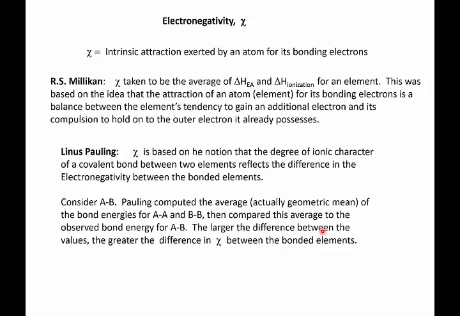Millikan took as electronegativity the average of the delta H for electron affinity and the delta H for ionization of an element. And this is really based on the idea that the attraction of an atom for its bonding electrons is really a balance between the element's tendency to gain an additional electron and its compulsion to hold on to the outer electron it already possesses.